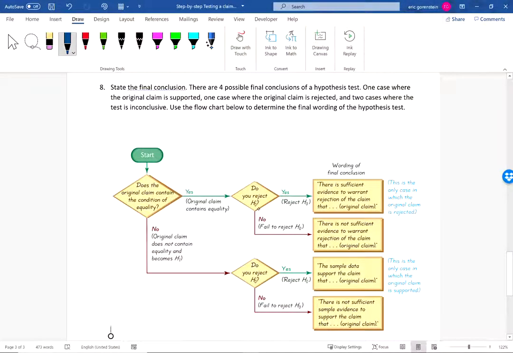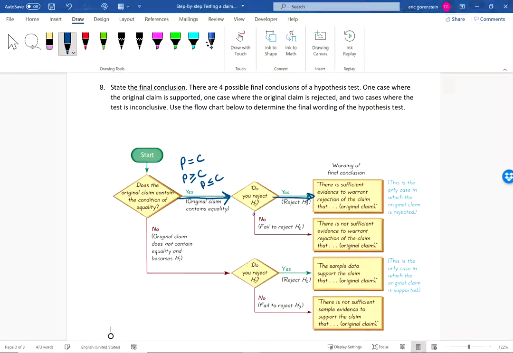And you could use this flow chart for that. So there's two questions. The first question is, does the original claim contain an equal sign? So is the original claim P equals C, P is greater than or equal to C, or P is less than or equal to C? In that case, you say yes, and you move on here. And then the second question, do you reject the null hypothesis, yes or no?